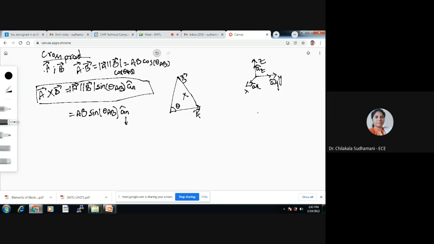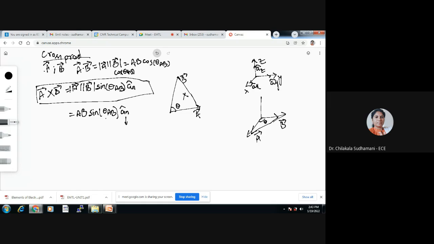For example, if I am considering the XYZ axis, and along the x-axis I take A bar and along the y-axis B bar, then the angle between these two is theta AB.